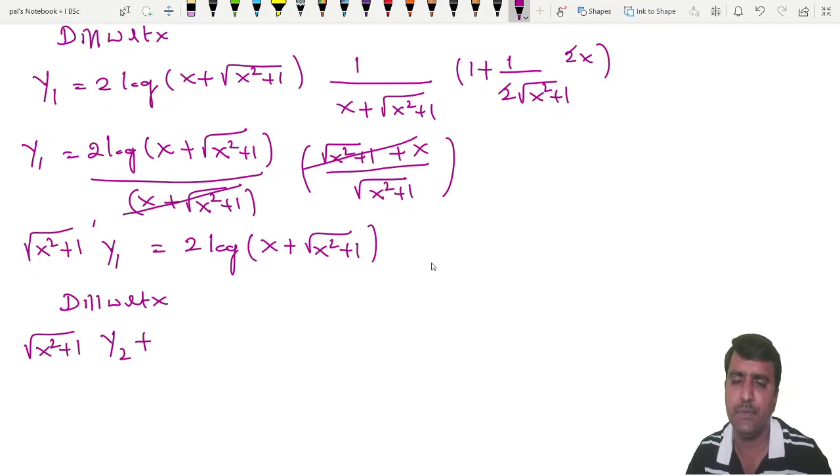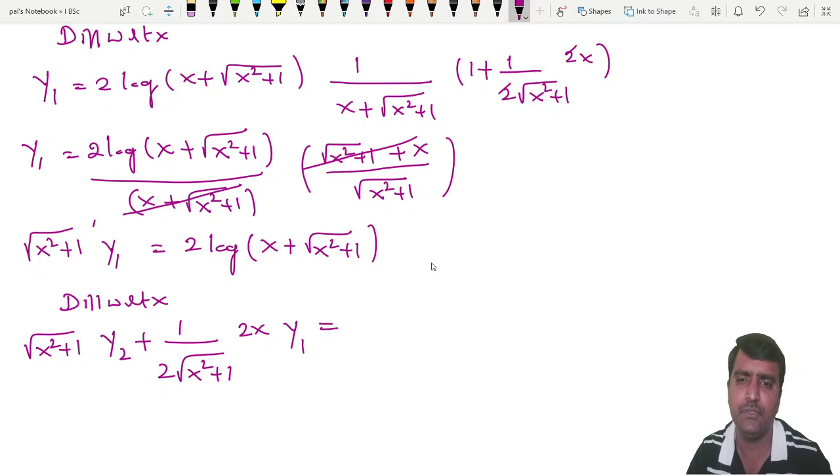Again you differentiate, using the product rule: first into differentiation of second plus second into differentiation of first. Differentiation of root of x square plus 1 is 1 by 2 root of x square plus 1, and differentiation of x square plus 1 is 2x, keeping y1 as it is.